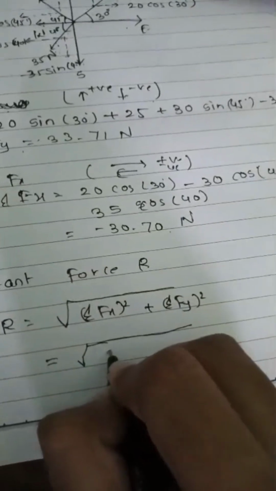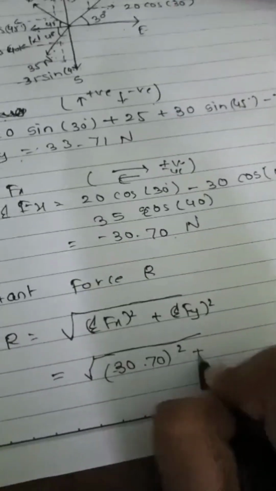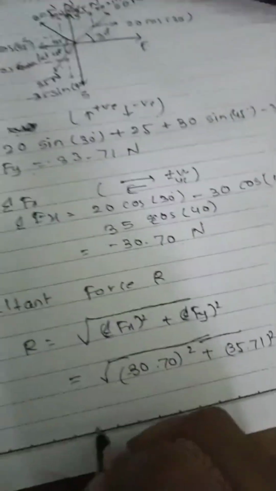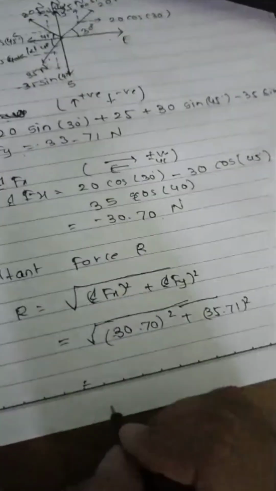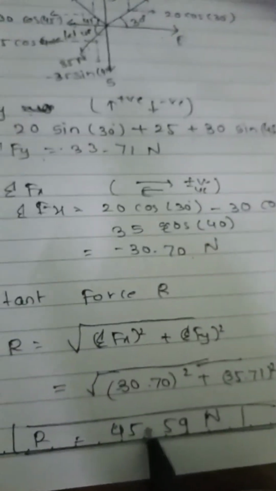So 30.70 square plus 33.71 square. So the final answer is 45.59 Newton. Now we find out the direction.